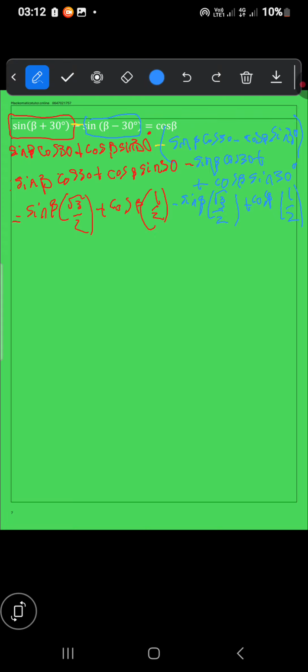So we are saying cos 30 simplified to this, then the sine 30 simplified to half.